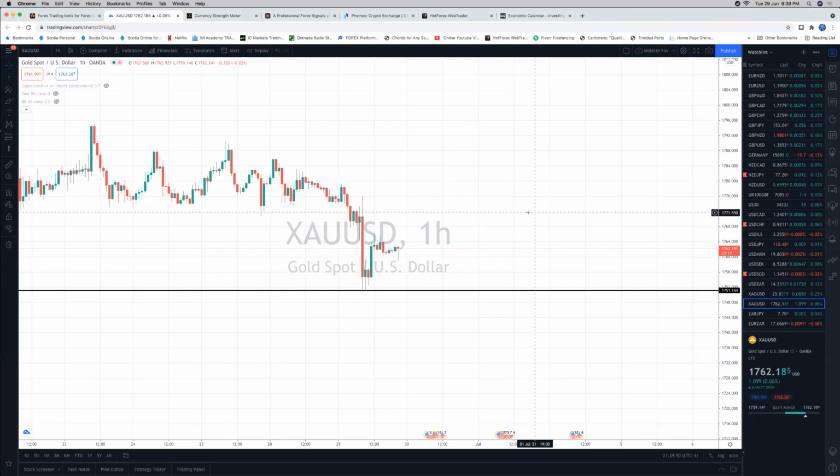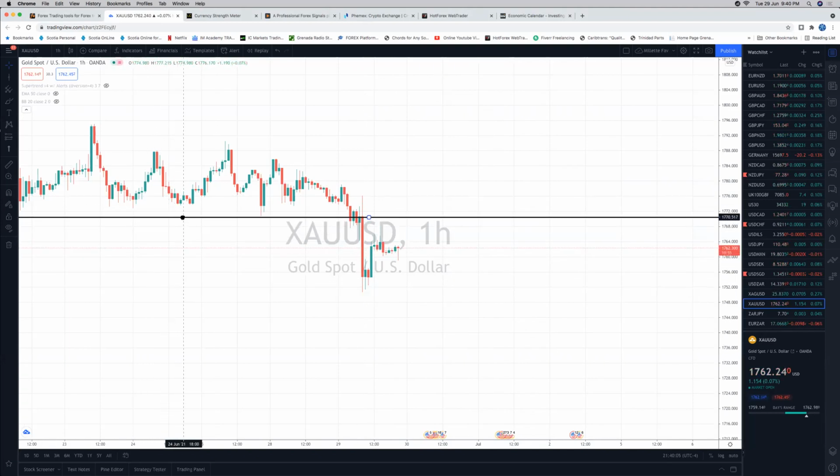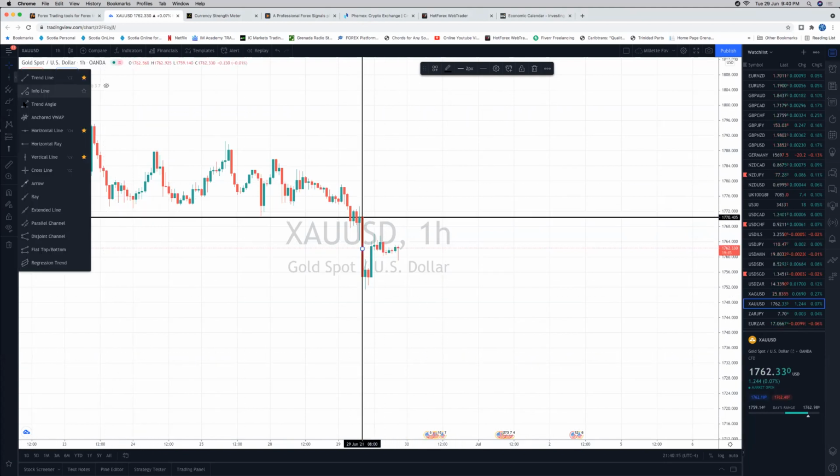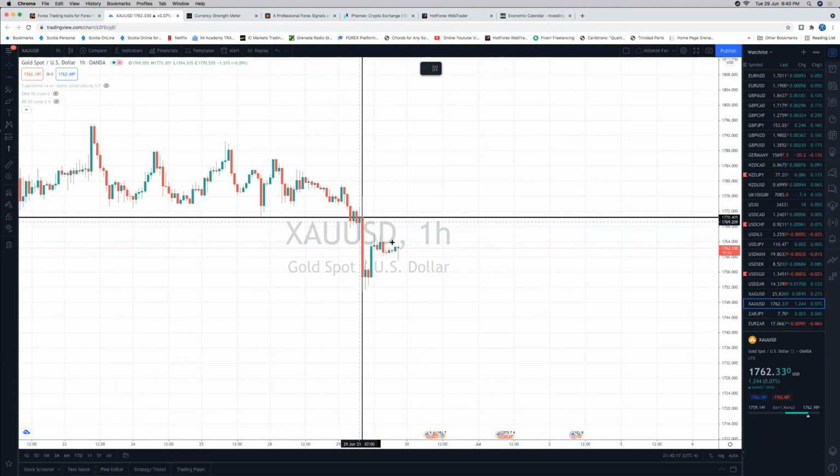You see my screen, right? Yes. Okay, good. So we have here the open of this candle. Let's just use some lines to show that. I'm talking about that long candle here. So let me mark the candle with the vertical line. The black line here is at the open of the candle. This here is the close of the candle.